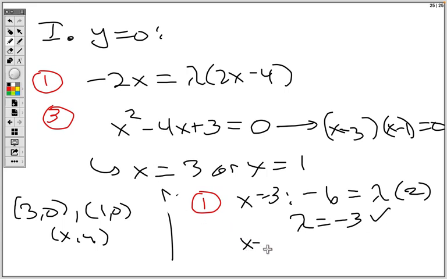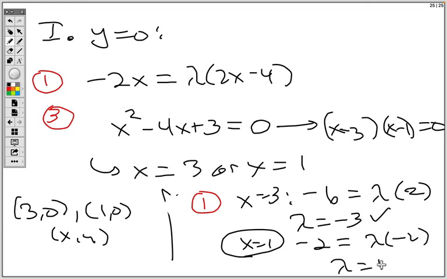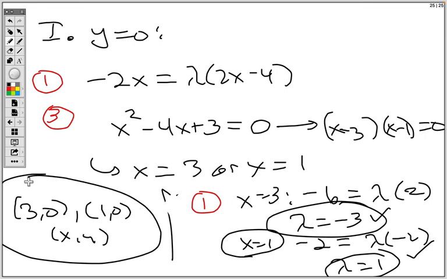And then when x is equal to 1, lambda equals 1. Okay? Now once again, what do those lambdas mean? That's a nice little project. But the fact is we need to have solutions to the whole system for these to be considered the critical points. So even though you're not going to use lambda, you need to make sure that there is a lambda for each of these points.